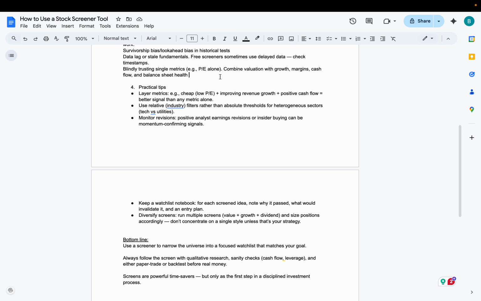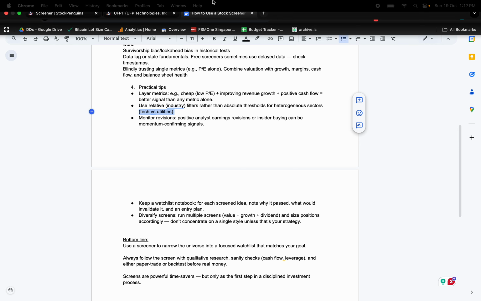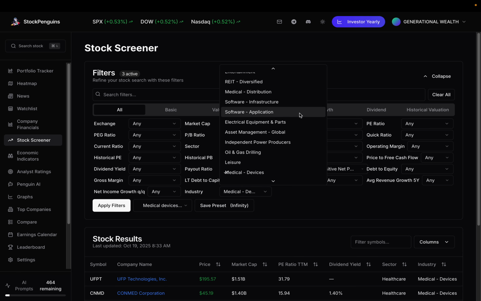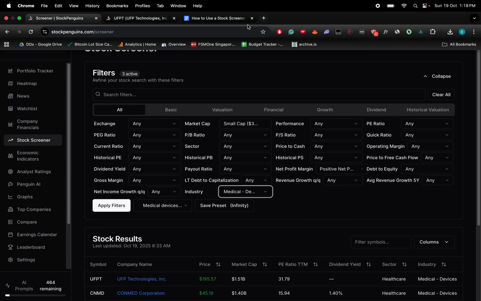And next, you should always use relative industry filters, right, rather than absolute thresholds. So for example, you cannot really compare a tech company to a utilities company if you didn't single the industry out in the stock screener criteria, because the fundamental attributes or characteristics of, say, an oil and gas company are very, very different from a tech growth company, right?